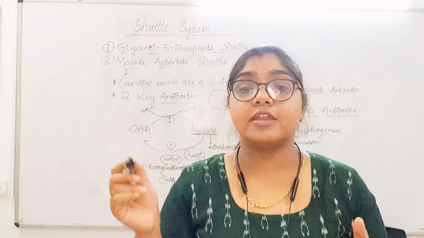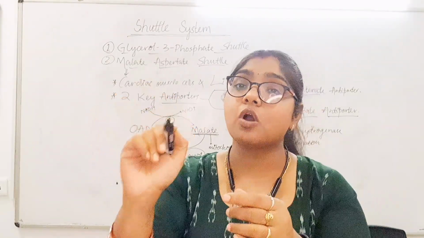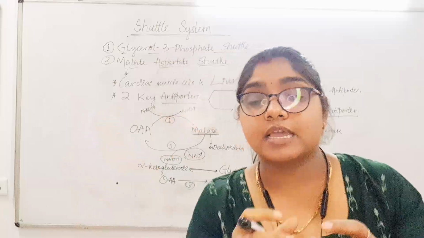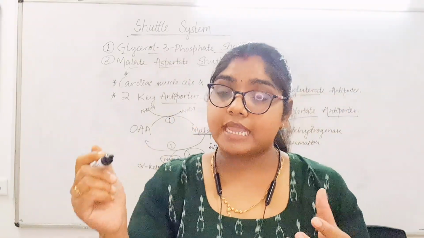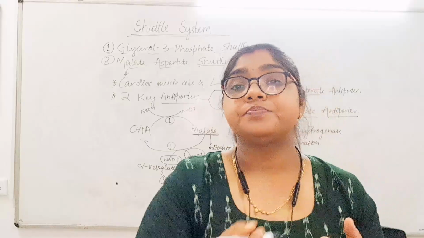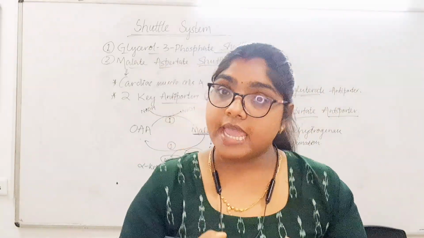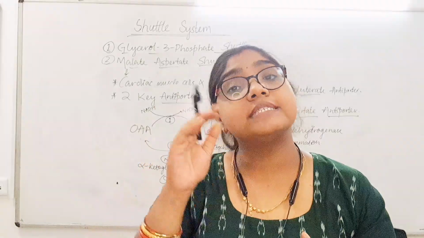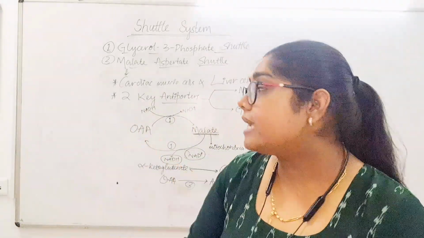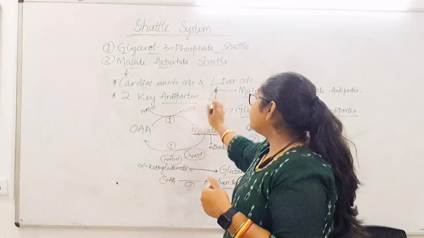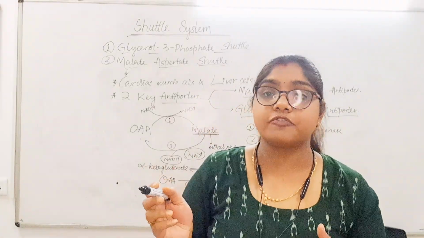In the mitochondria, it removes the electrons and protons, which are accepted by FAD, and it converts back to dihydroxyacetone phosphate. The glycerol 3-phosphate shuttle predominantly takes place in skeletal muscle cells, while cardiac muscle cells and liver cells use the malate aspartate shuttle for the transportation of NADH.